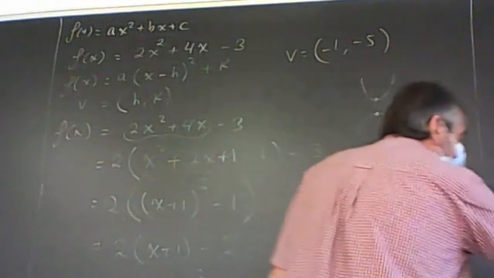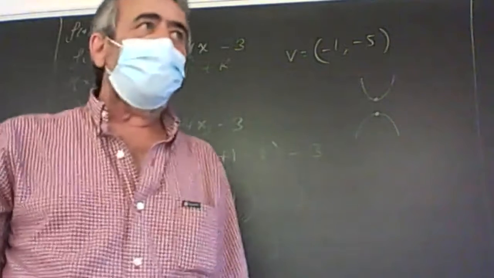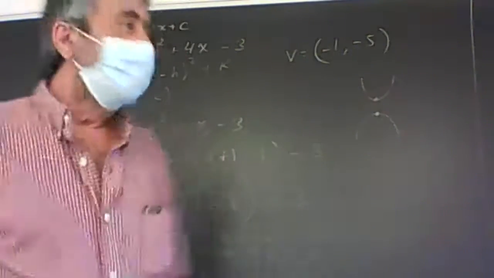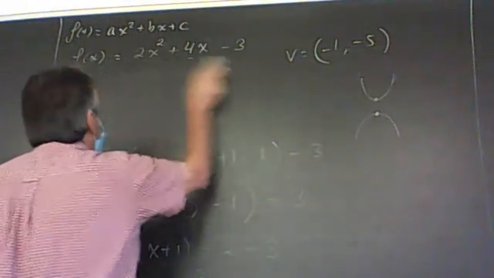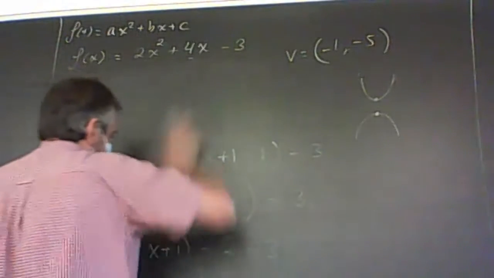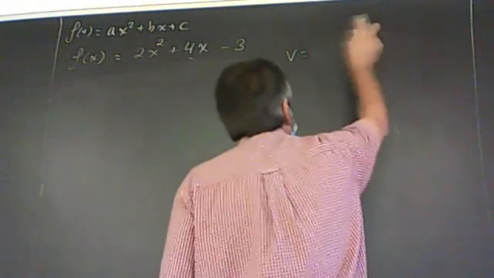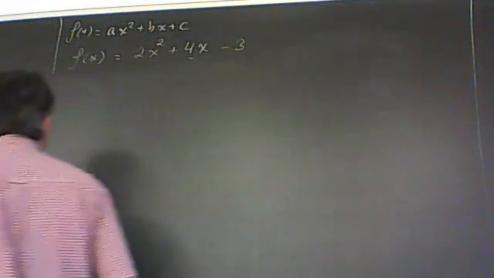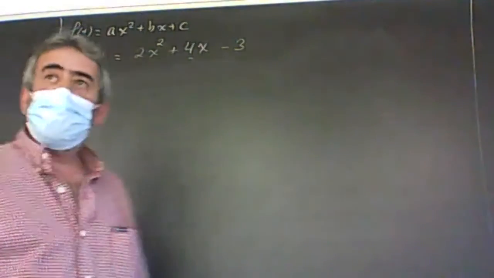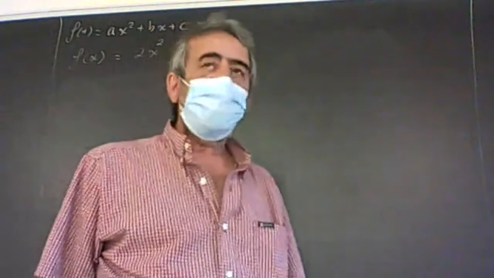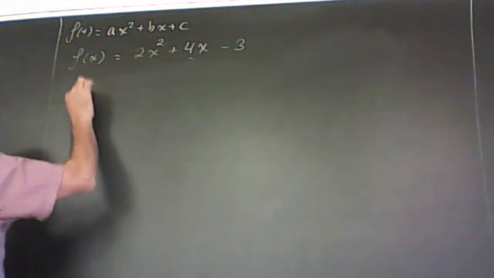All right. So this is one way of doing this. There's another way. Let's go ahead and take a look at another way. If the equation is given in the form of ax squared plus bx plus c, then the vertex is the following.